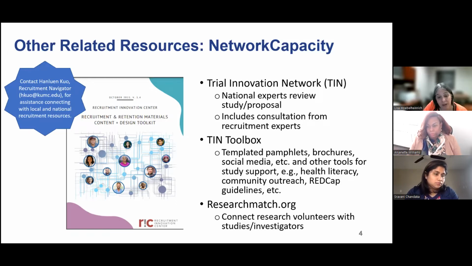That network has publicly available a recruitment toolkit, with templated pamphlets, brochures, social media templates, and other great information about researchmatch.org, which is another resource to connect volunteers with studies and investigators. I would really encourage you to reach out to him and explore the resources there after the presentation today.